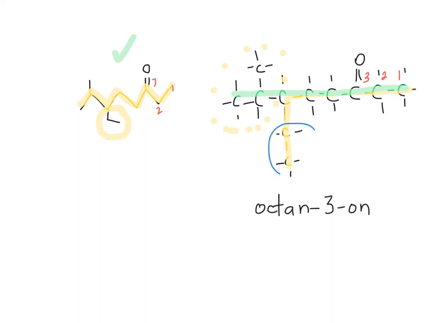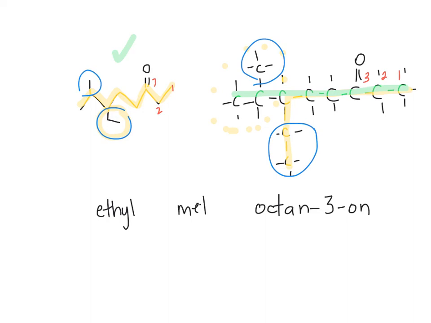So we have an ethyl group, 2 carbons, and we have a methyl group. So you can see that on both structures. Ethyl comes before methyl in the dictionary. So you're going to put that first, and then you're going to put in the numbers of the carbons that they're attached to. We have to continue the numbering that we already started for the position of our functional group.